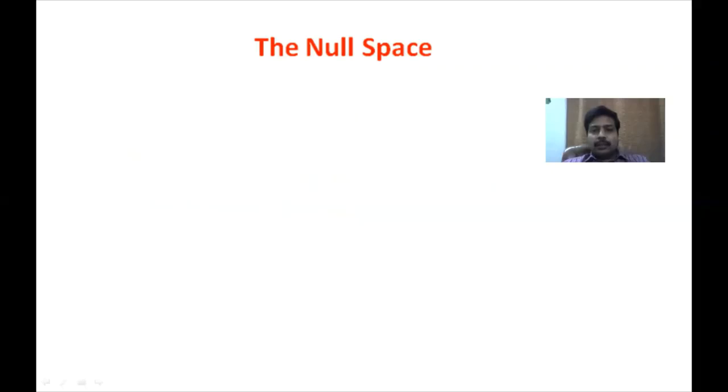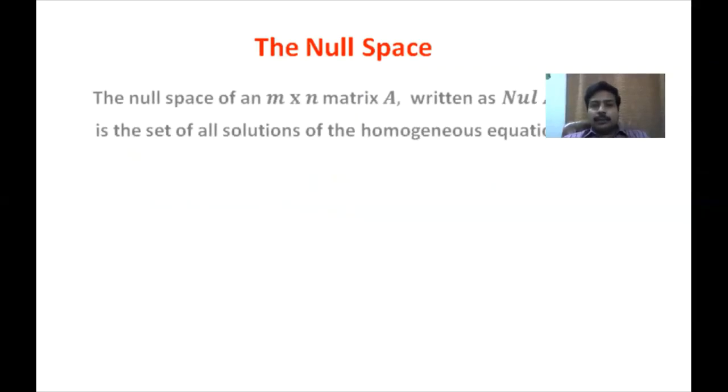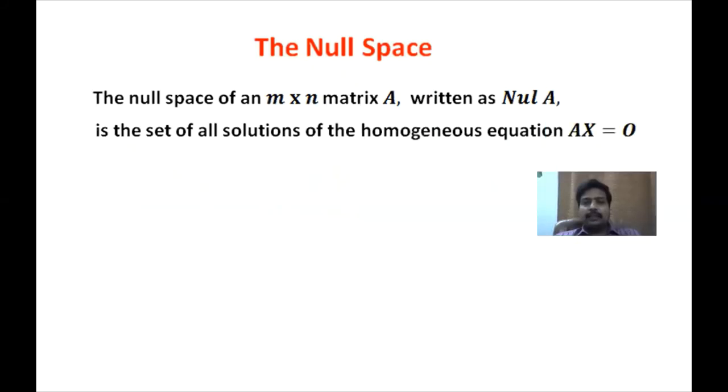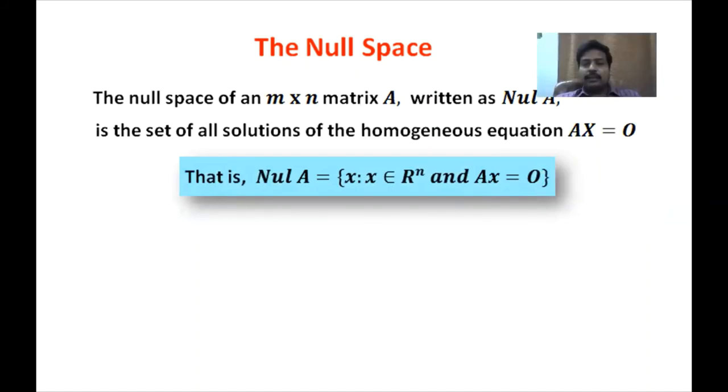And in the previous class, we discussed the null space. The null space of an m by n matrix, written as null A, is the set of all solutions of the homogeneous equation Ax equals 0. That is, null A is equal to the set of x such that x belongs to Rn and Ax is equal to 0.